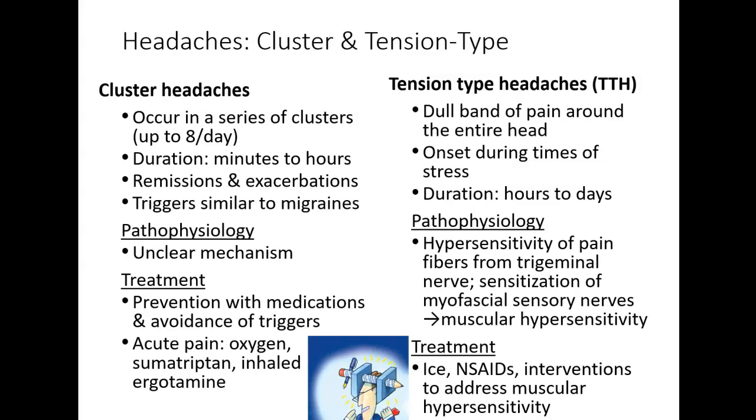Treatment for those usually is ice, NSAIDs, maybe interventions to address muscular hypersensitivity. People like to get massages. People might do alternating heat with ice. Could be that you do stretches or exercises to help with that as well.